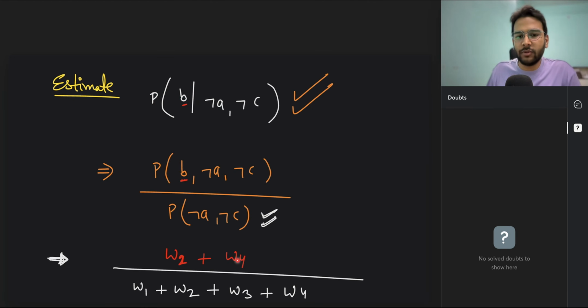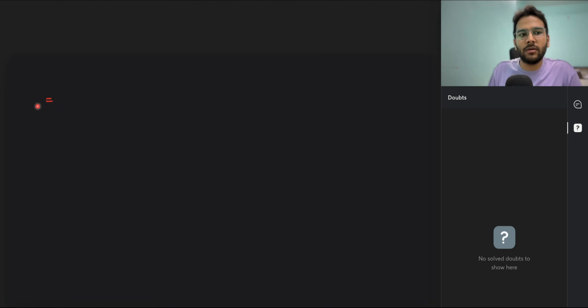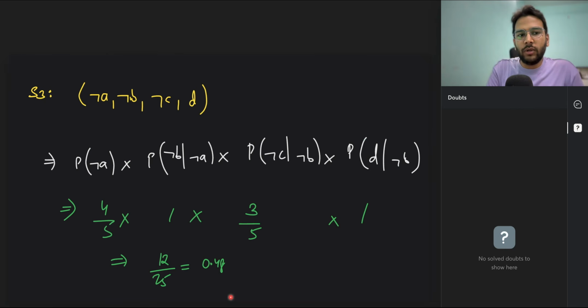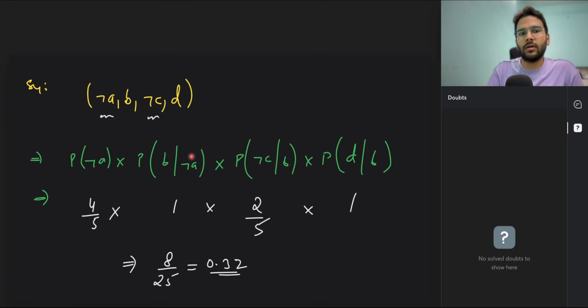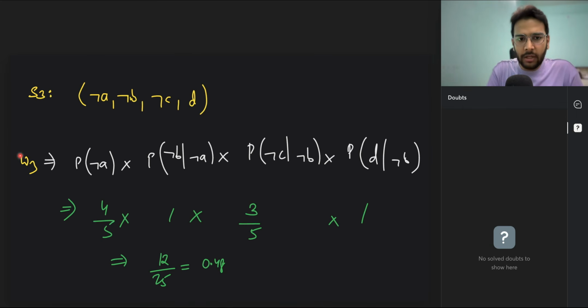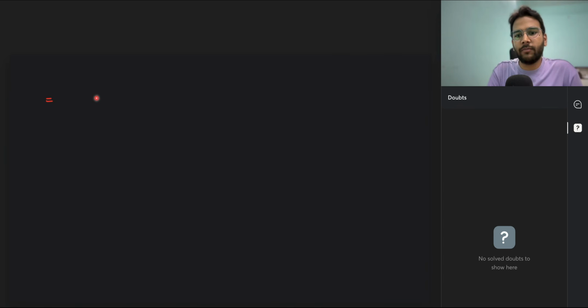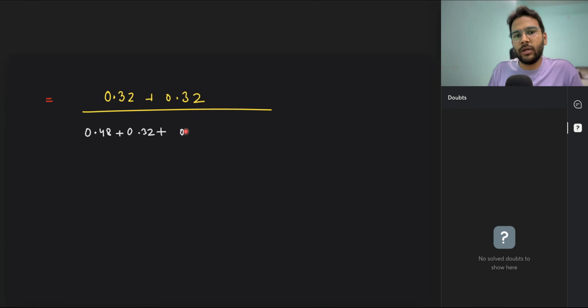What are W2 and W4? Let's substitute the values here. This is W2, this is W3, and this is W4. W2 is 0.32. Both have the value 0.32. So 0.32 plus 0.32 divided by, what do you have? You have 0.48 plus 0.32 plus 0.48 plus 0.32.